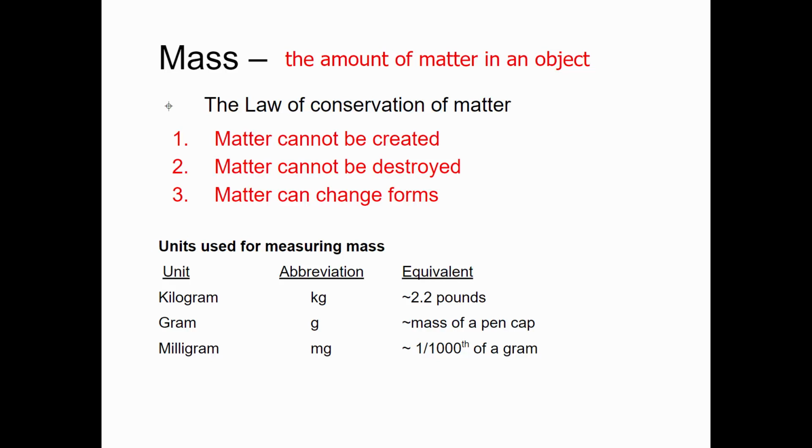A gram is about like the mass of a pencil cap. That's about maybe a gram or so, just to give us the conception of it. A milligram is a very small amount. Obviously, if it's milli, it tells us it's 1/100th of a gram. Where do you typically see milligrams?